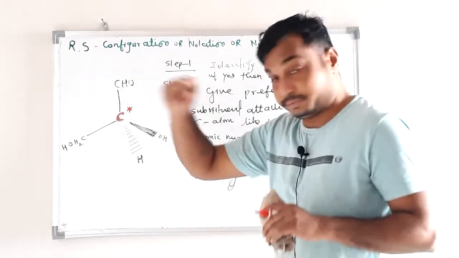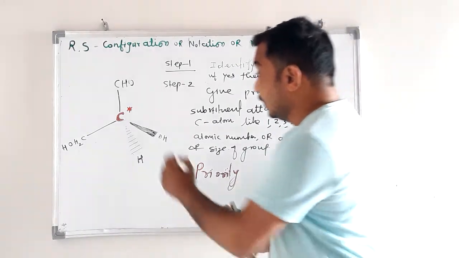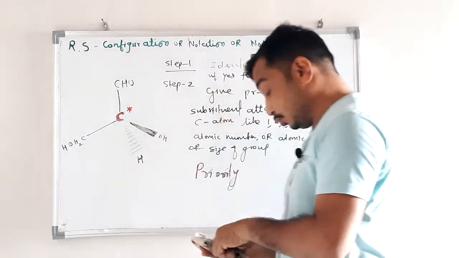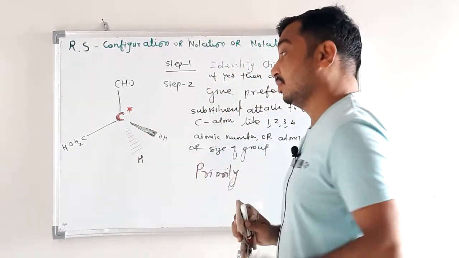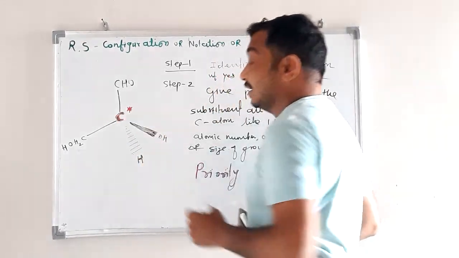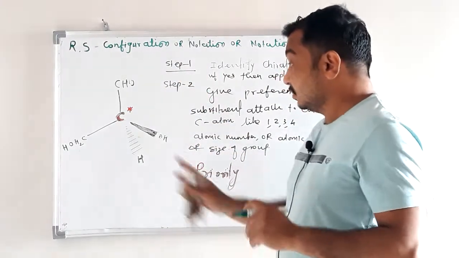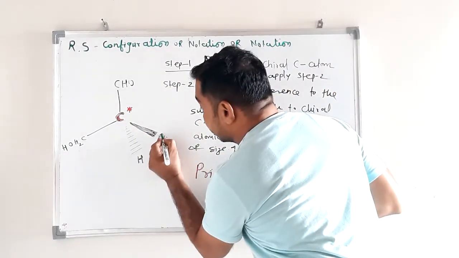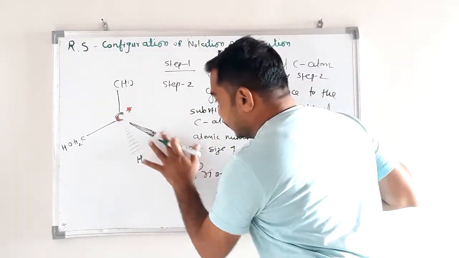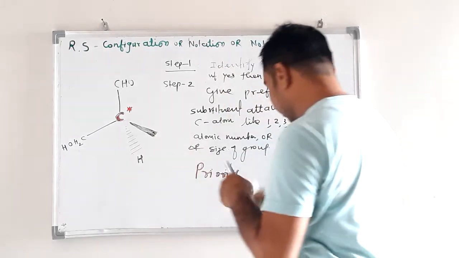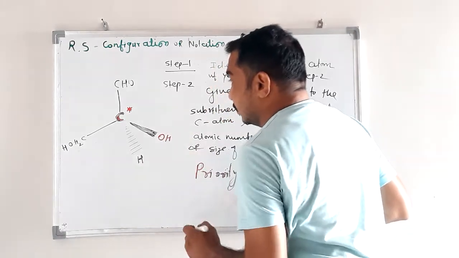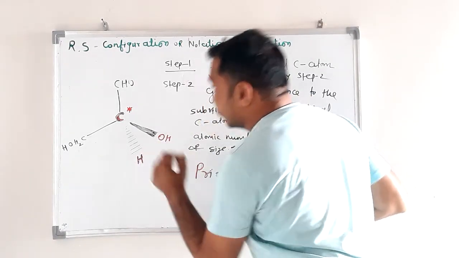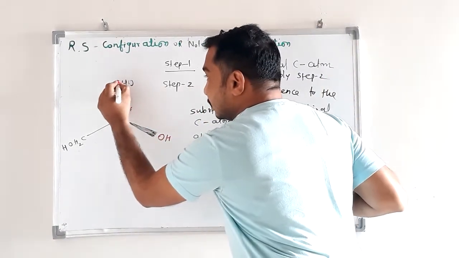Identify the atom directly attached to this chiral carbon atom: here oxygen, here hydrogen, here carbon.